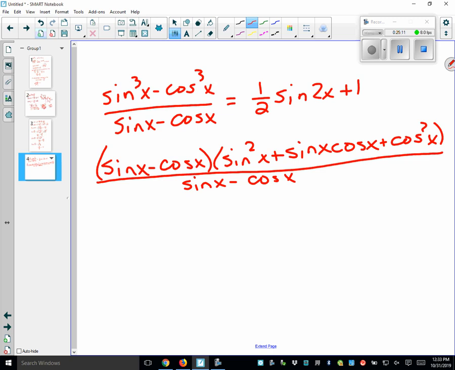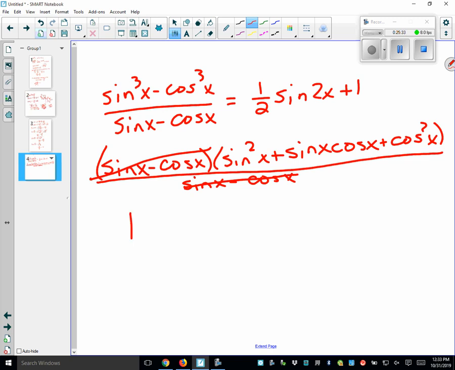We can take out this sine x. Do you see what will reduce? So that's the first thing I'm going to do. Does anybody see an identity? Is 1.